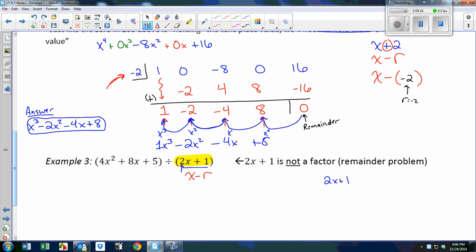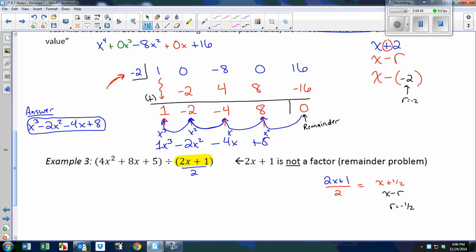But for the sake of those still listening, if you compare 2x plus 1 to x minus r, you're going to have to divide by 2 for that to say x minus some number. When you divide this by 2, you get x plus a half. Now you can compare that to x minus r, and your r is -1/2. The thing about it though, when you divide what you're dividing by by 2, you've just changed the problem.